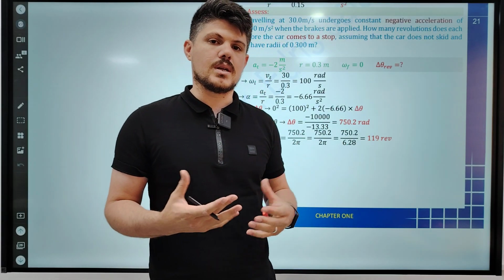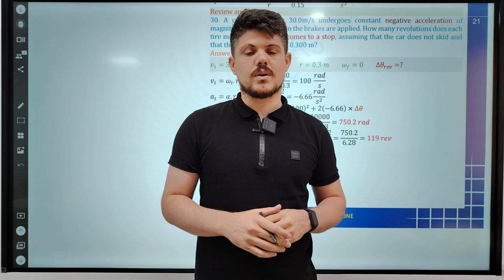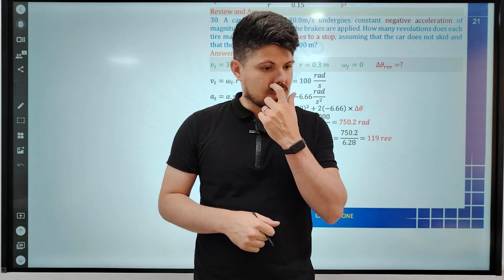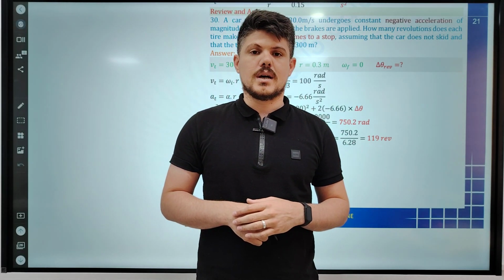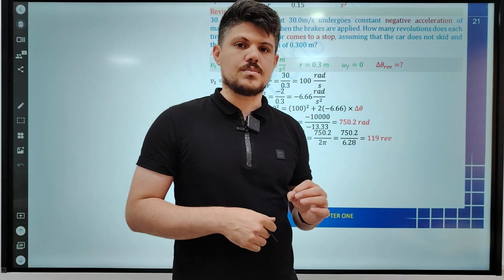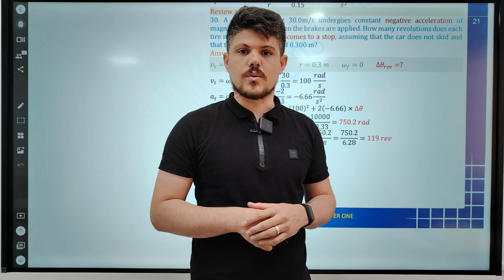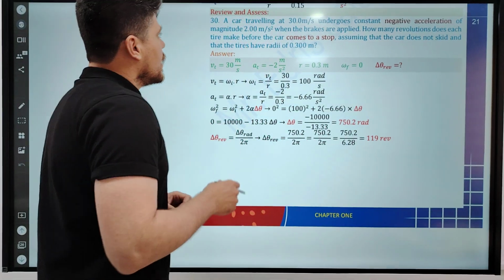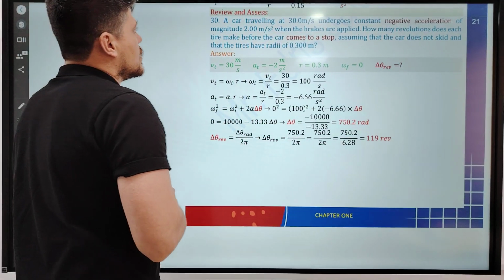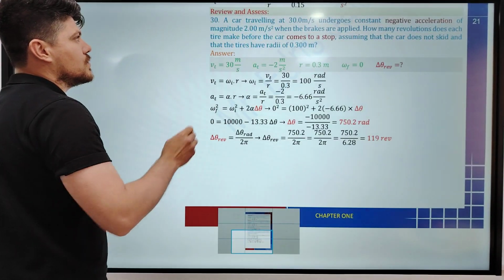In the case of speeding up, the tangential acceleration becomes positive. In the case of slowing down, the tangential acceleration becomes negative. When the object is moving at constant speed in a circular path, the tangential acceleration is equal to 0. Okay, so in this lesson, we will start solving question 30 from the chapter review.